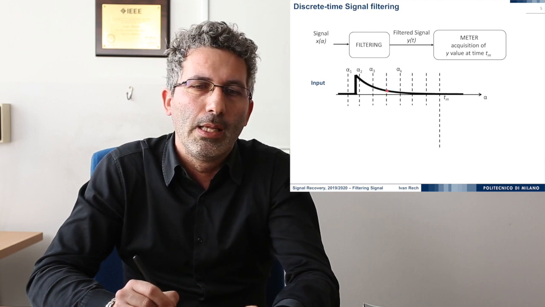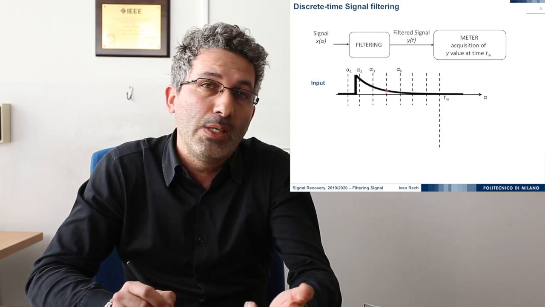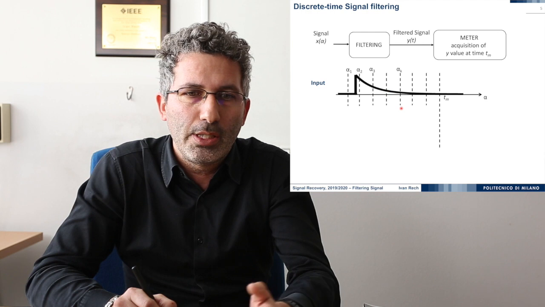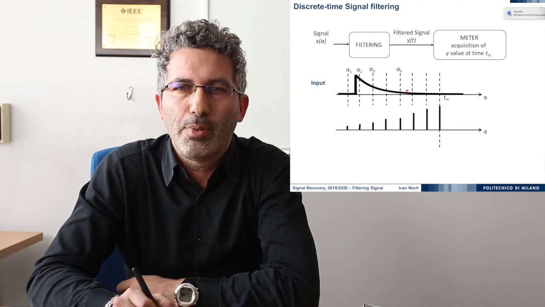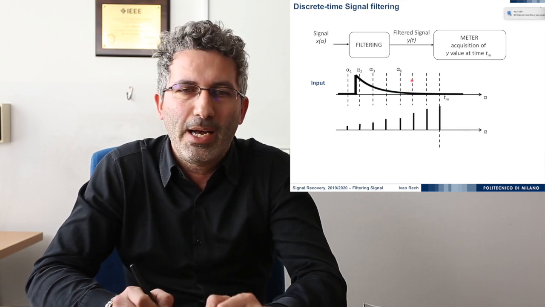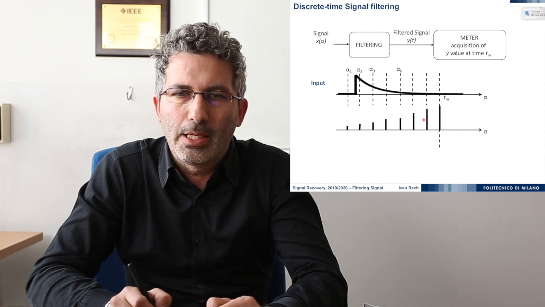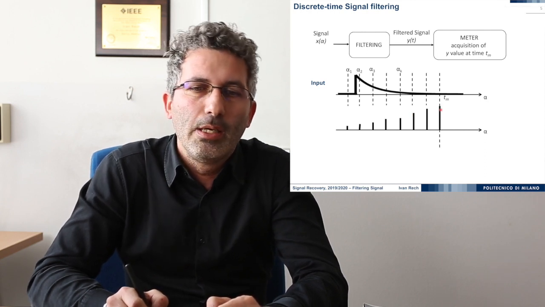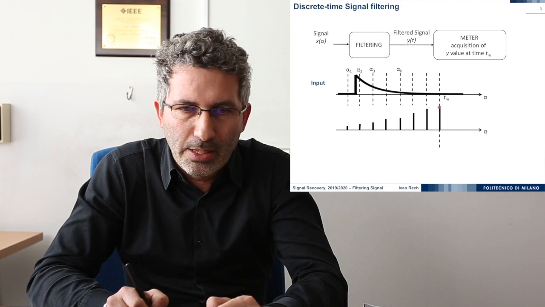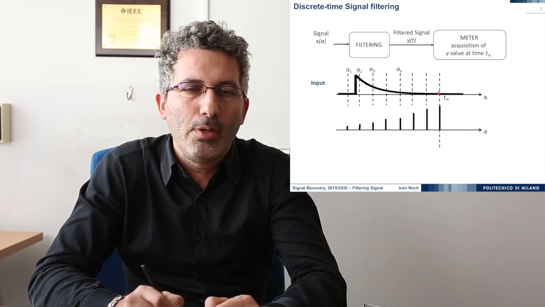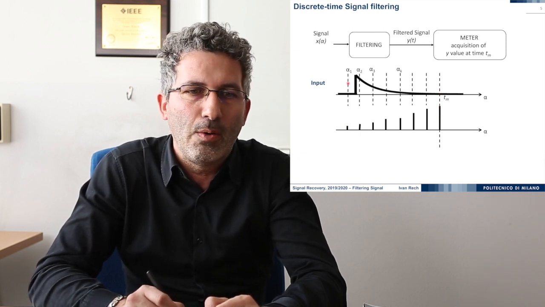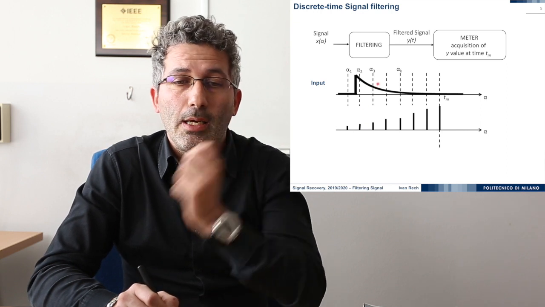So what do I have to do? I have to decide the weight for each sample. So here, for example, I could define the weight for each sample, this weight here for alpha 1, and so on.